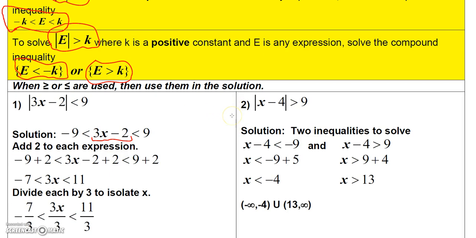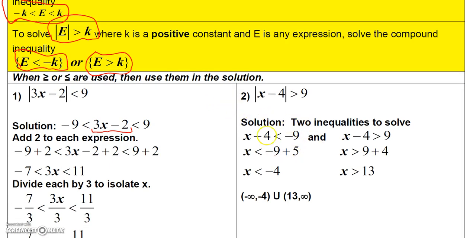So let me show you an example of that. If you'll look down here at number 2, you'll see that I have the absolute value of x minus 4 is greater than 9. So I have two inequalities to solve.